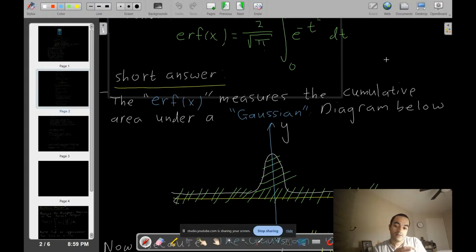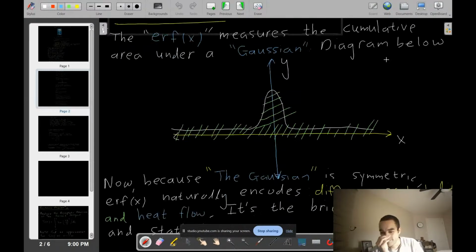The cumulative area under that Gaussian is what we're pretty much measuring for the error function. It's not drawn exactly accurately, but I try my best. My hand-drawn pictures aren't the greatest, which is why I'm leaving it up to simulations with programming.